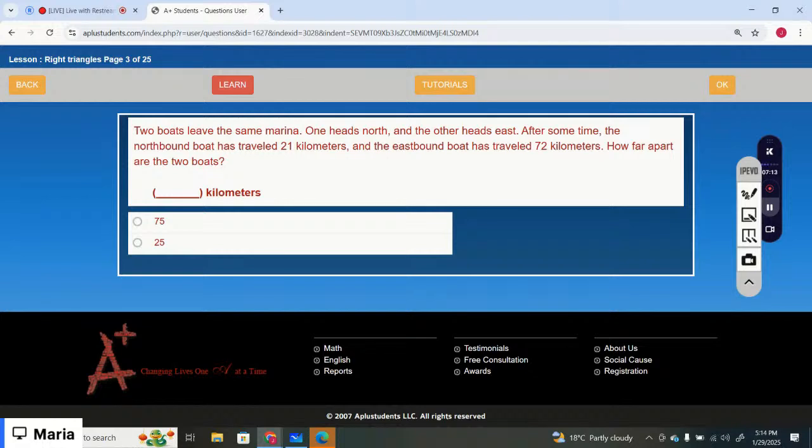Two boats leave the same marina. One heads north and the other heads east. After some time, the northbound boat has traveled 21 kilometers and the eastbound boat has traveled 72 kilometers. How far apart are the two boats? So, which is the correct option?